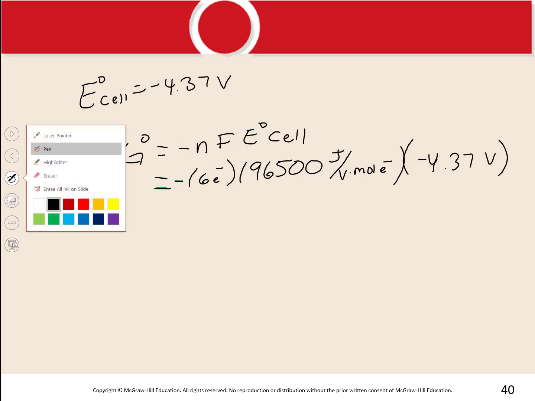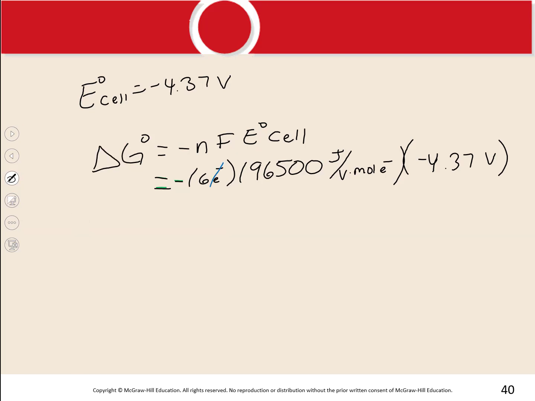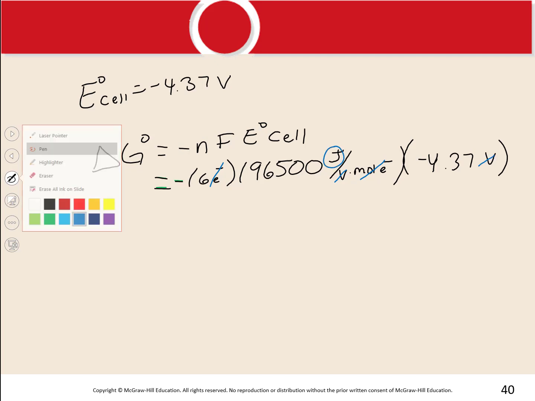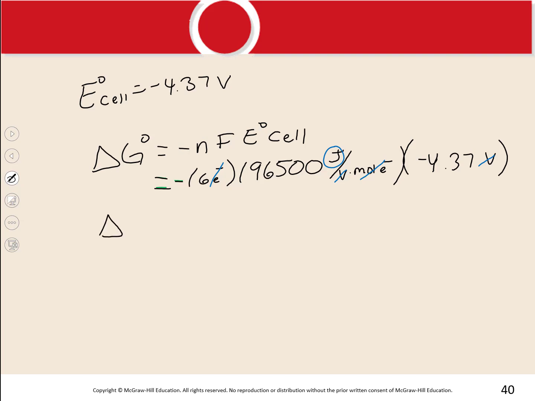As far as units go, moles of electrons cancel with moles of electrons, volts cancel with volts, and the unit we're left with is joules. How many joules?